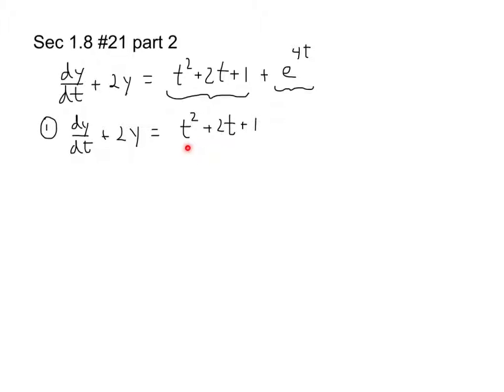The thinking is that y sub p1, the function we're after, must itself be a polynomial whose highest power would be 2, so I'm going to call it a t squared plus b t plus c. And I argue that whatever function solves this differential equation must be of this form.